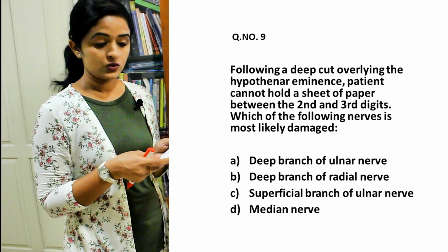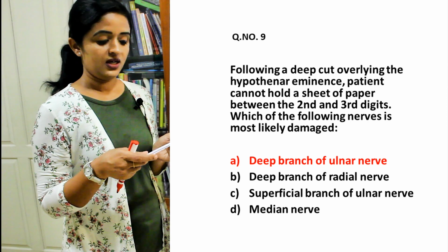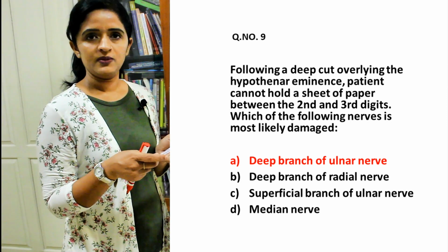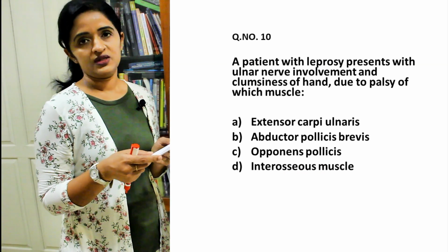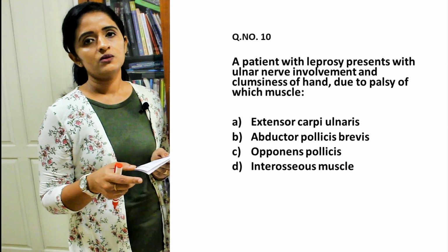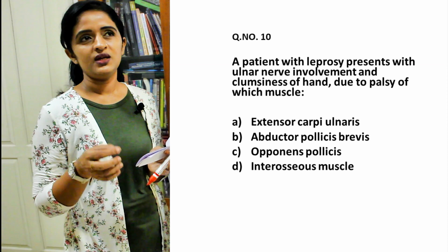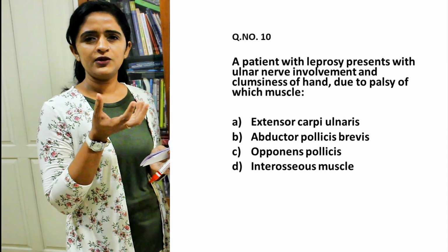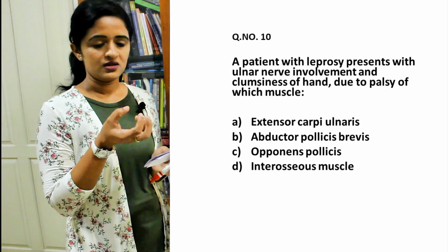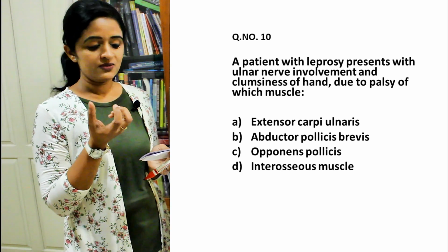Now coming to the last question, a patient with leprosy presents with ulnar nerve involvement and clumsiness of hand due to palsy of which muscle? That is a question. So clumsiness of hand means the hand will be too weak and it's not able to adduct or abduct the digits. So that is what is meant by clumsiness.